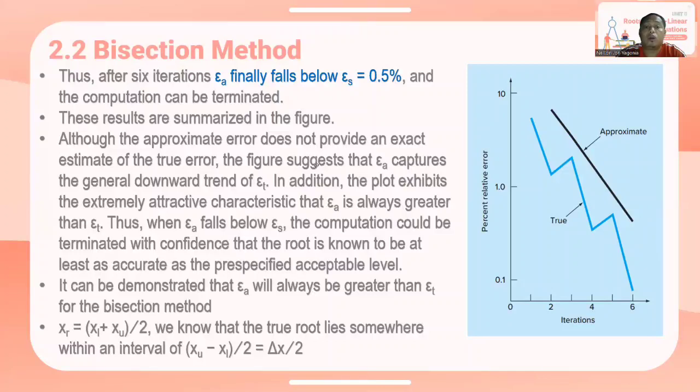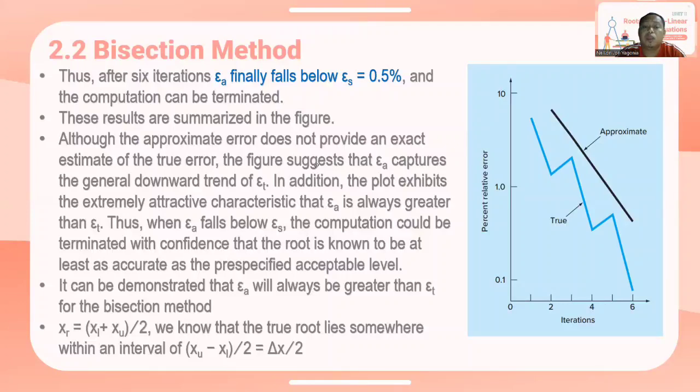Although the approximate error does not provide an exact estimate of the true error, the figure suggests that sigma sub A captures the general downward trend of sigma sub T. In addition, the plot exhibits the extremely attractive characteristic that E sub A is always greater than E sub T. Thus, when sigma sub A falls below sigma sub S, the computation could be terminated with confidence that the root is known to be at least as accurate as the pre-specified acceptable level.